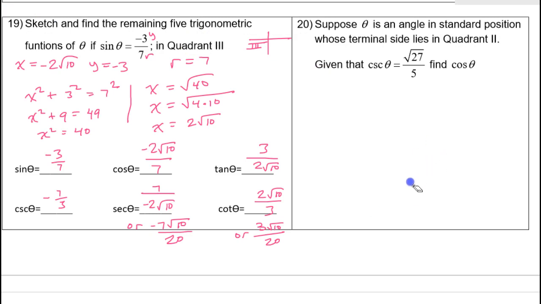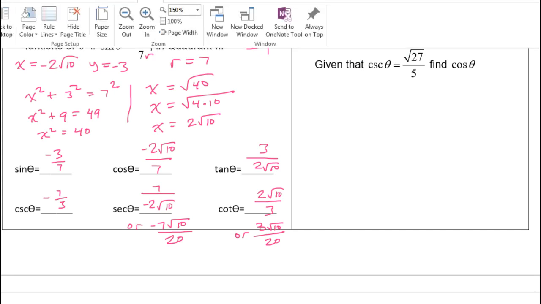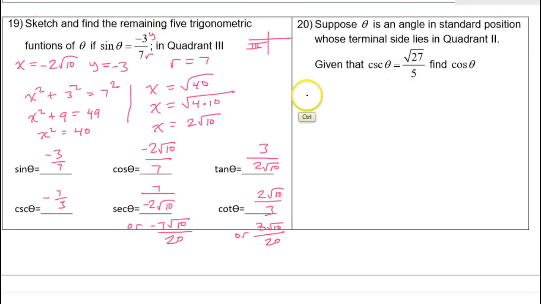Okay, number 20 is almost the same thing. Alright, we need x, we need y, and we need r. Cosecant is the reciprocal of sine. And sine is y over r.